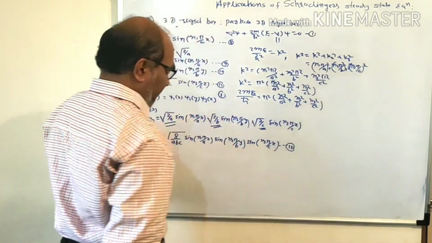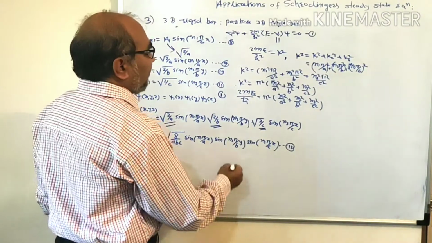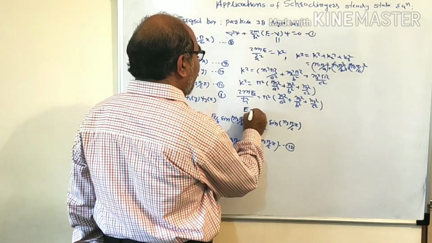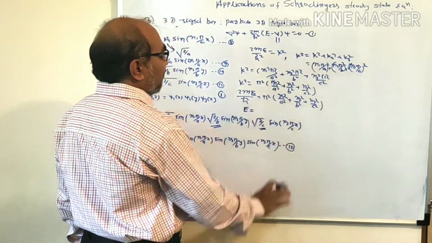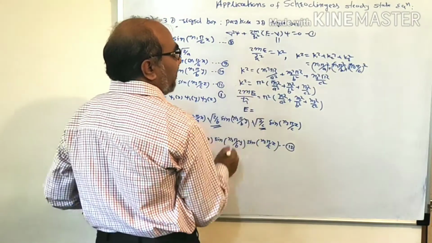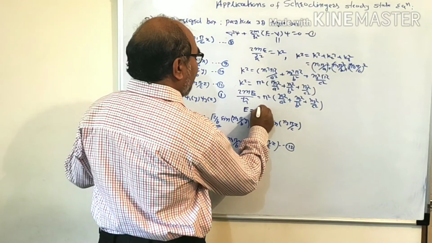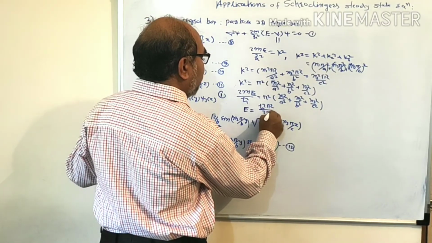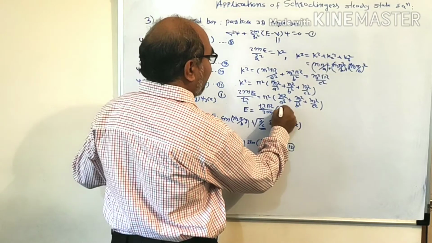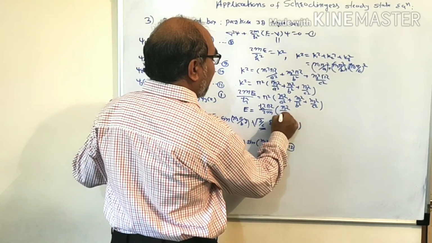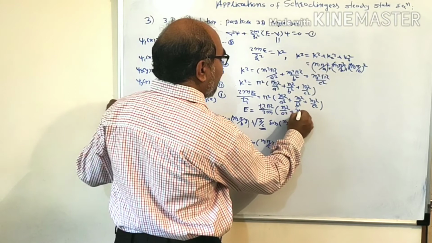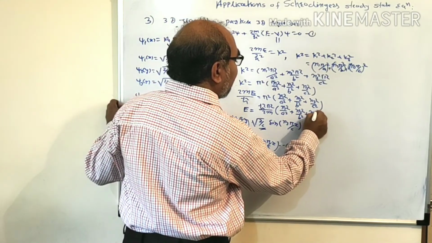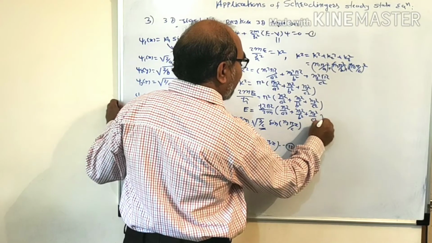Okay, and therefore the value of E can be written by transferring h bar to the other side, divided by 2m. So E is equal to h bar square pi square divided by 2m into bracket n1 square by a square plus n2 square by b square plus n3 square by c square.